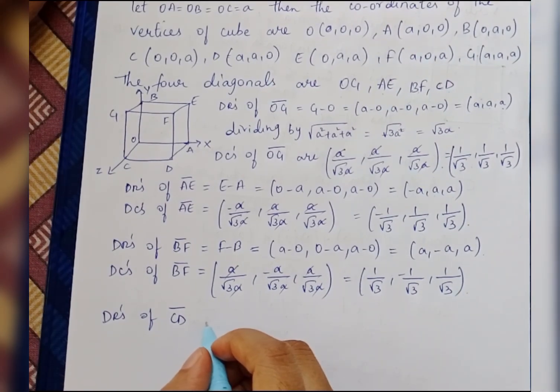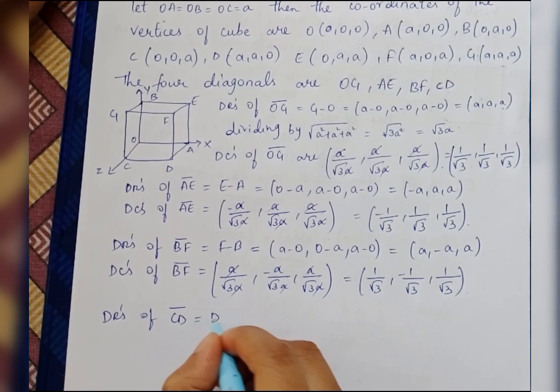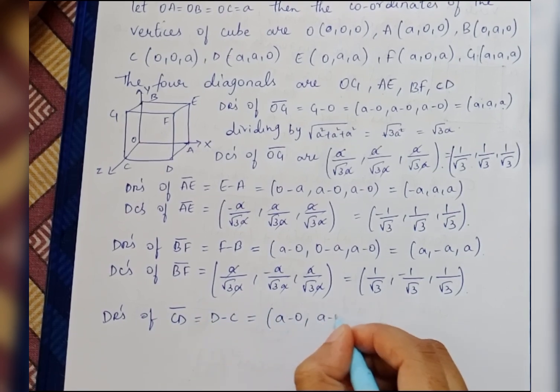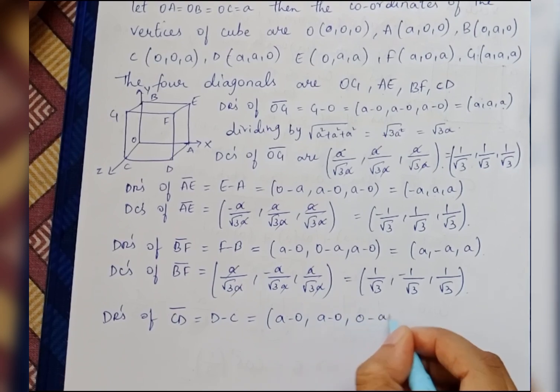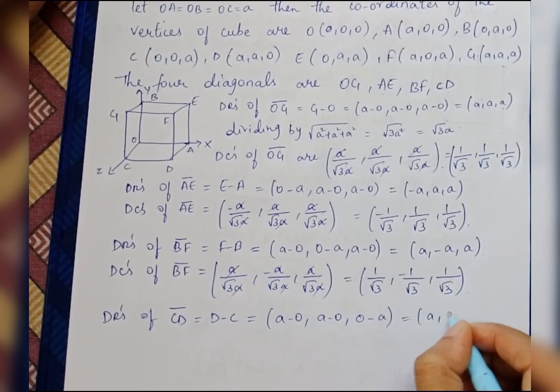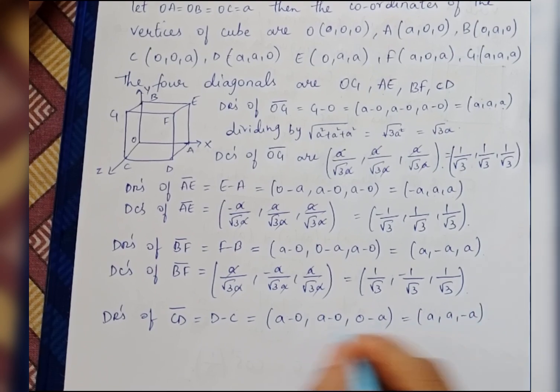Next are DRs of CD. So DRs of CD can be given by D minus C. So it is a minus 0, a minus 0 and 0 minus a. So this can be written as a, a, minus a.